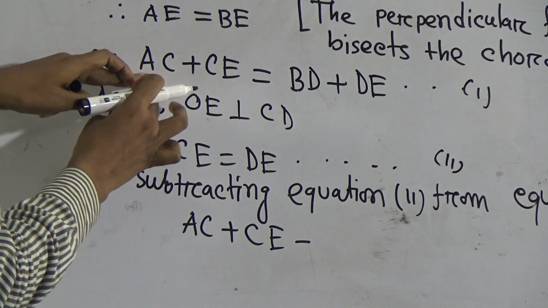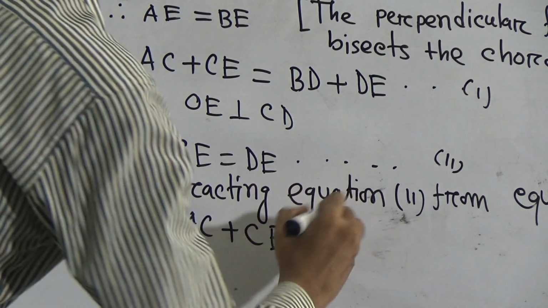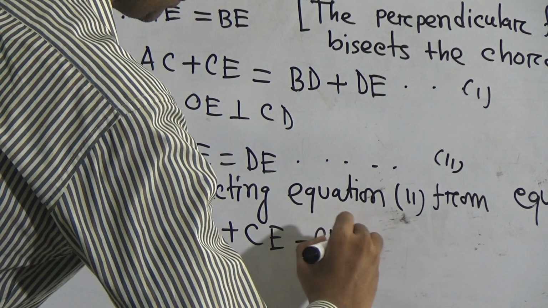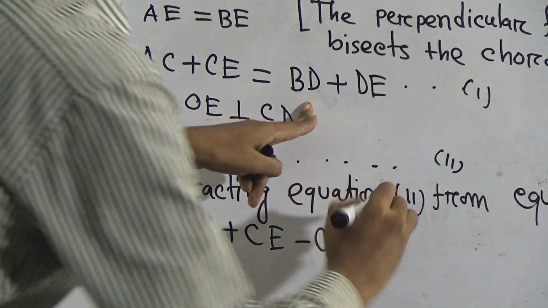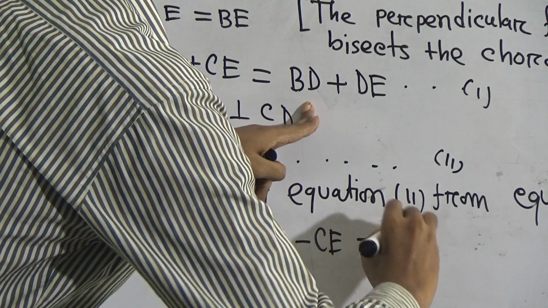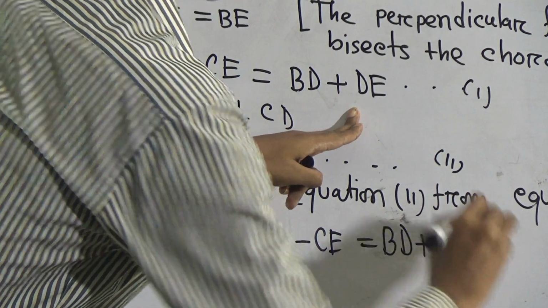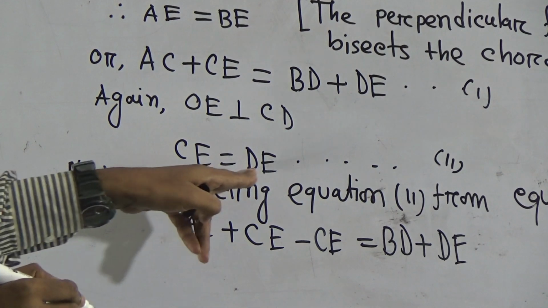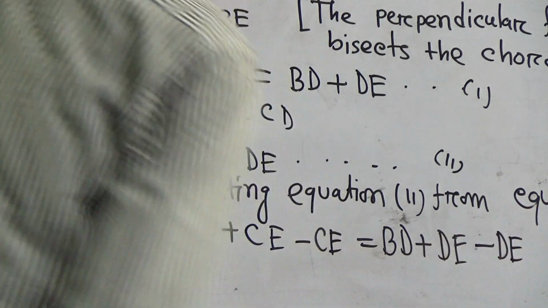AC plus CE minus CE. Again, look, BD plus DE, then you subtract DE.